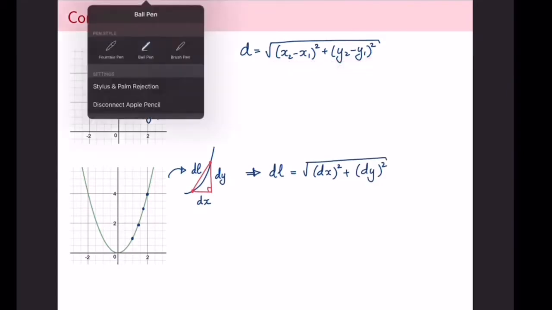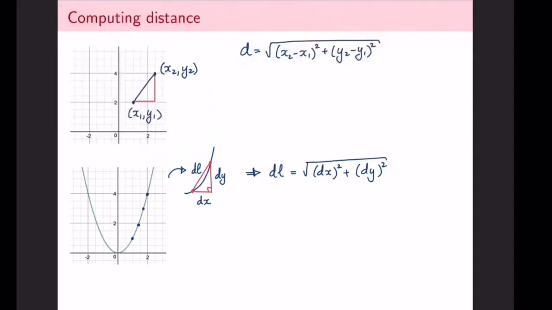But what I can do here now is to think in terms of simplifying this a little bit further by factoring out dx from under the square root. So what I'm going to have is, if I take out dx squared, I'm going to have 1 plus, I factor out dx squared, so I'm going to get dy over dx all squared. And then I take out dx squared from under the square root, which leaves me with dx outside of it.